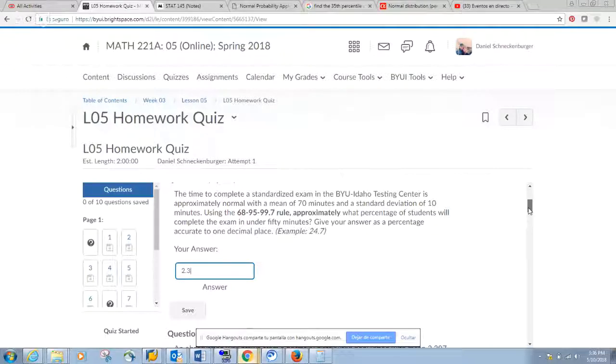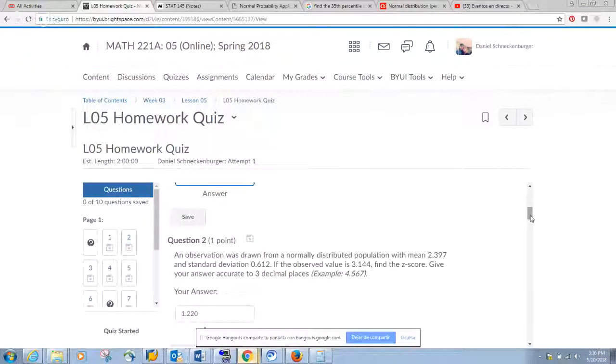Okay, good. An observation was drawn from a normally distributed population with a mean of 2.397 and a standard deviation of 0.612. If the observed value is 3.144, we have to find the z-score. I got 1.220.